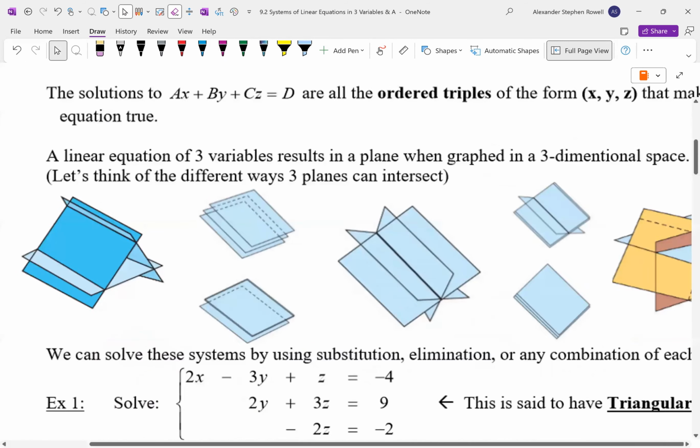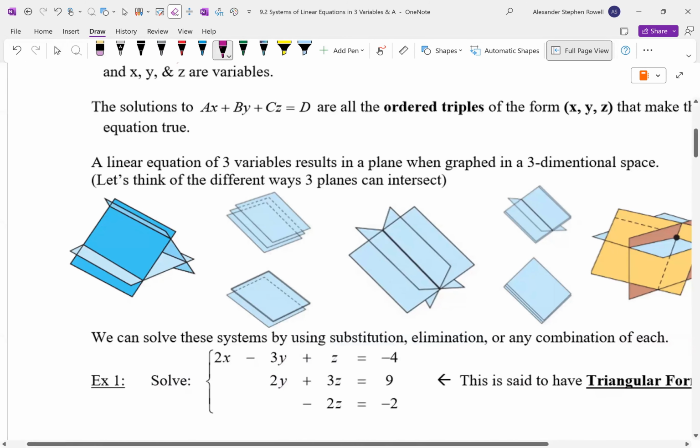Now the crazy thing is, if I have three planes, they could intersect at these lines, but none of those are in common for all three planes. So this would be a dependent system. They could be parallel, in which case they don't intersect at all. Sorry, these are inconsistent.